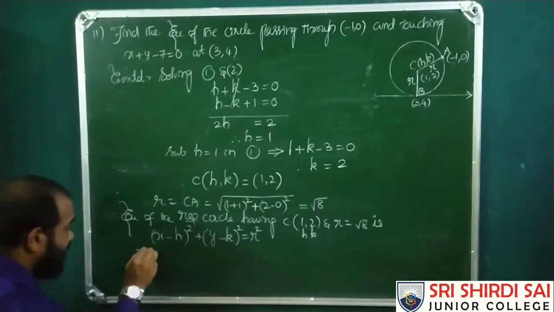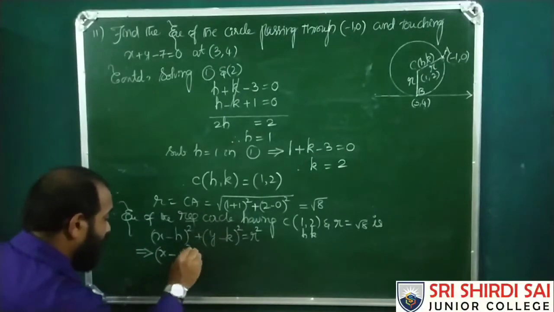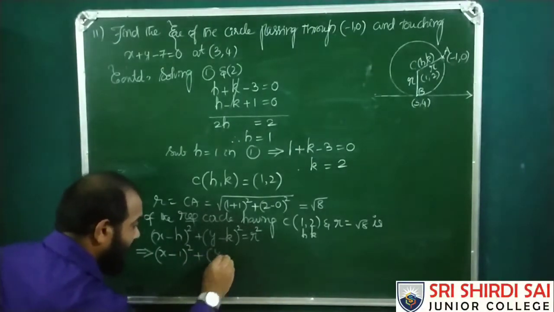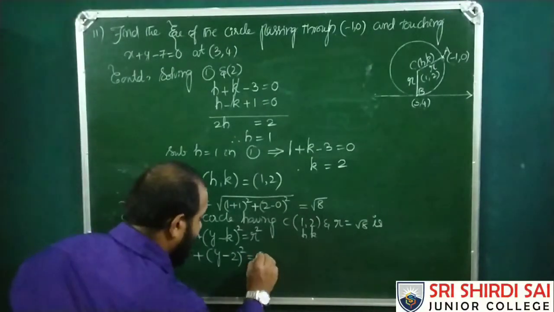So implies (x minus 1) whole square plus (y minus 2) whole square equals r square, which is 8.